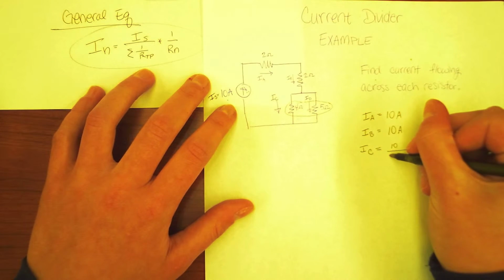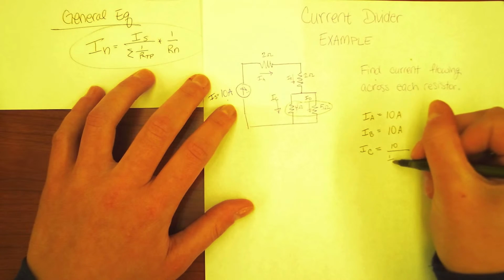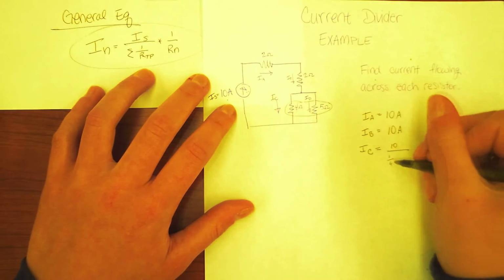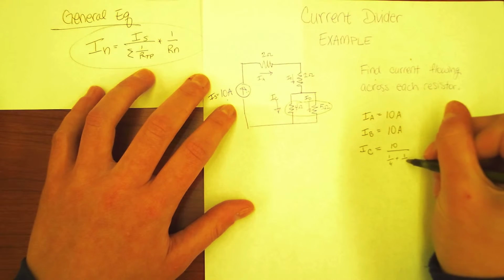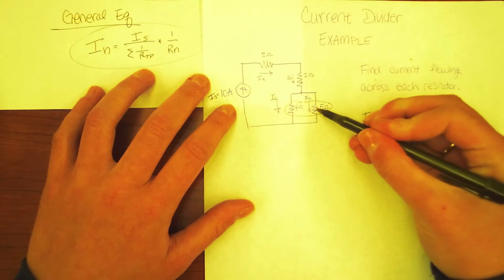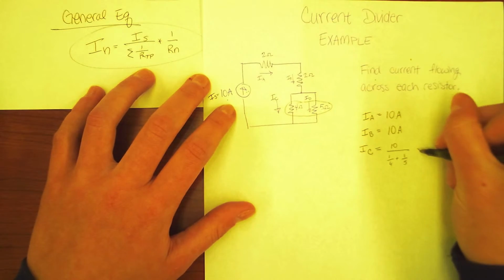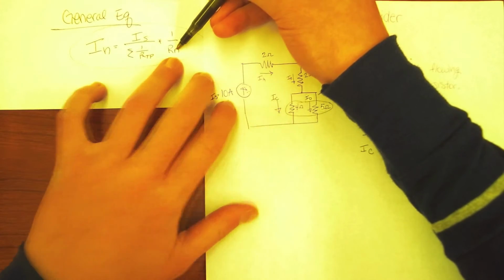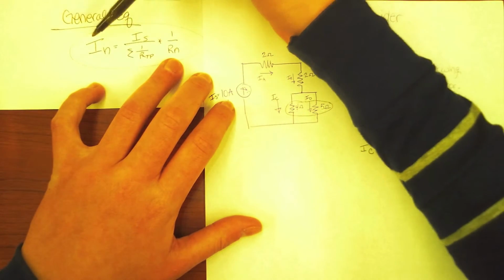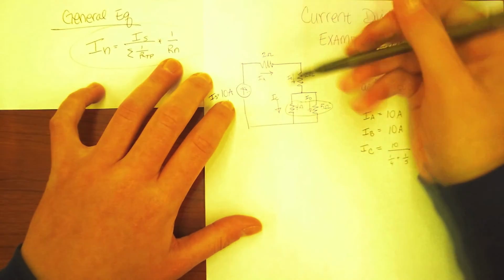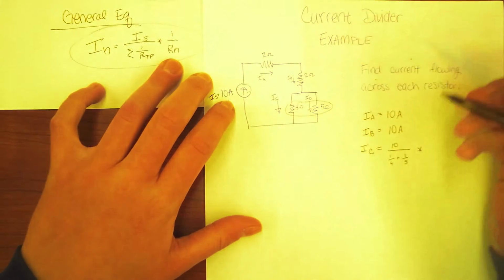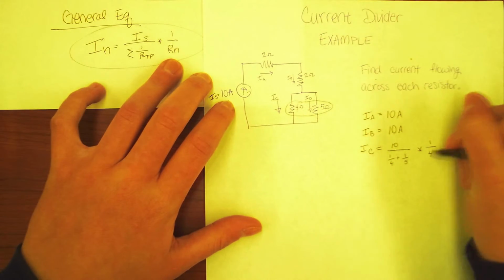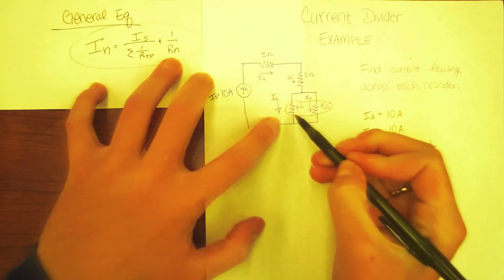So we're going to do 1 over 4 here plus 1 over 5, which represents this one. And then times, going back to our equation, 1 over Rn. So because we're looking for IC, that's across this resistor. So you're going to do 1 over 4 because this is the 4 ohm resistor here.